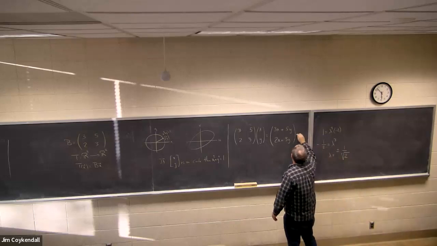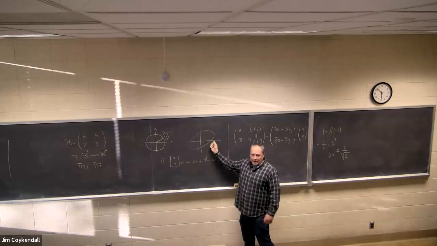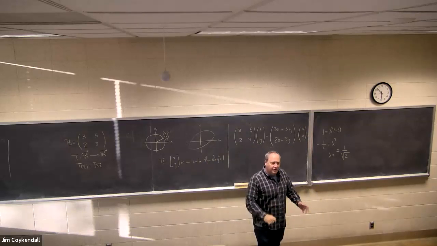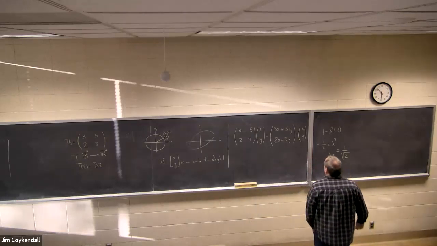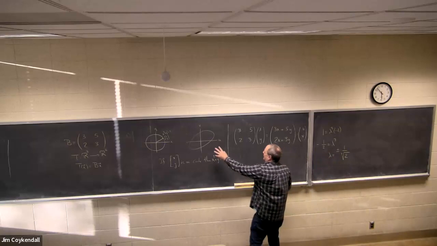And these are my new coordinates, call them U and V. And I want to figure out what this looks like in my new coordinates.